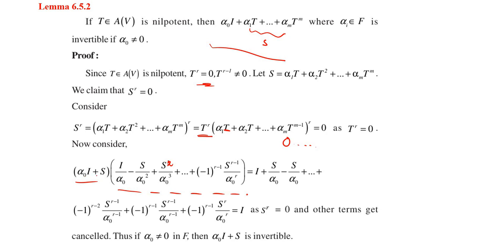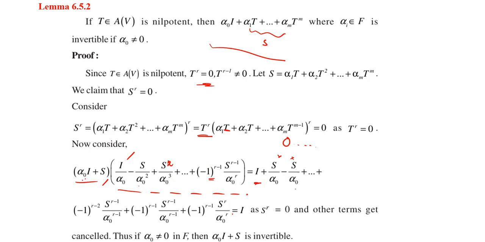Alpha naught I with this, alpha naught non-zero, cancelling that, you get I. And then alpha naught I with this gives you minus S by alpha naught. And this one with this one gives you S by alpha naught. So this is with the plus sign and this is with the minus sign, so these two will get cancelled. Like this, when you multiply this, the last one will be S power r by alpha naught power r, and this, minus 1 power r minus 1, will be remaining as such.